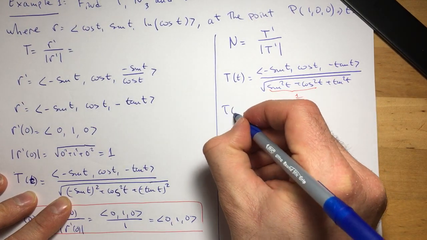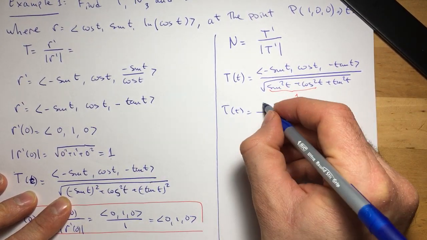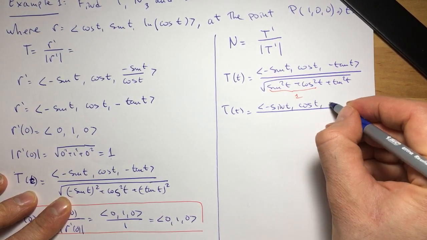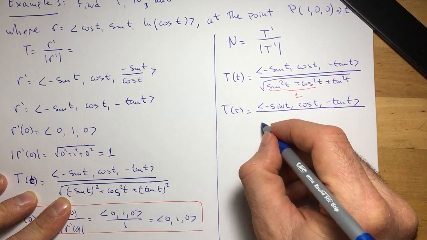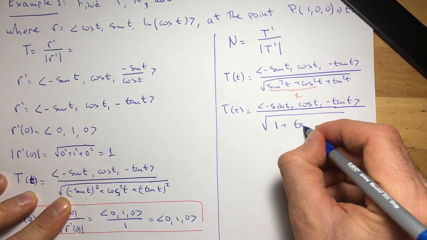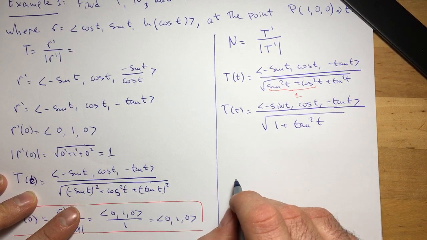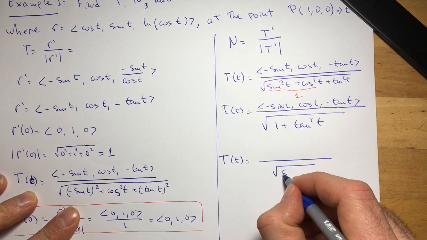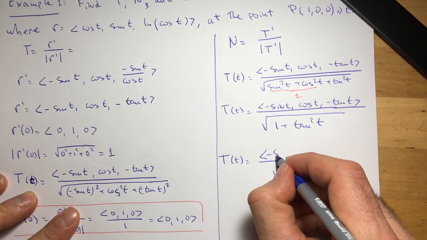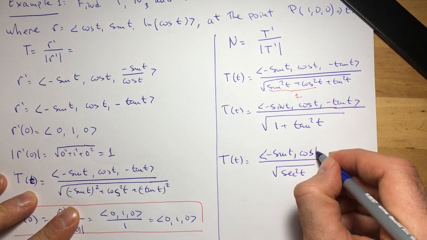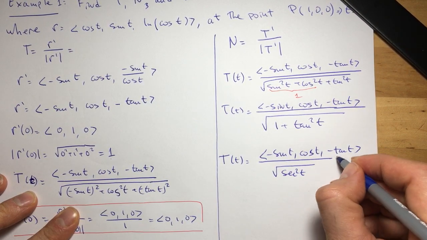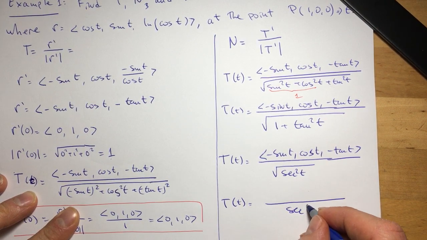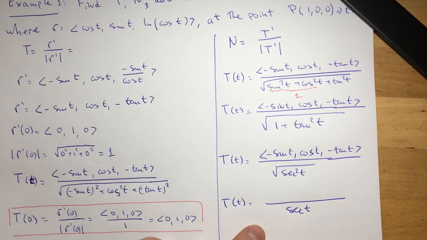Sine squared plus cosine squared is 1, so you get negative sine of t, cosine of t, negative tangent of t over the square root of 1 plus tangent squared of t. But 1 plus tangent squared of t is secant squared, and the square root of secant squared is just secant.